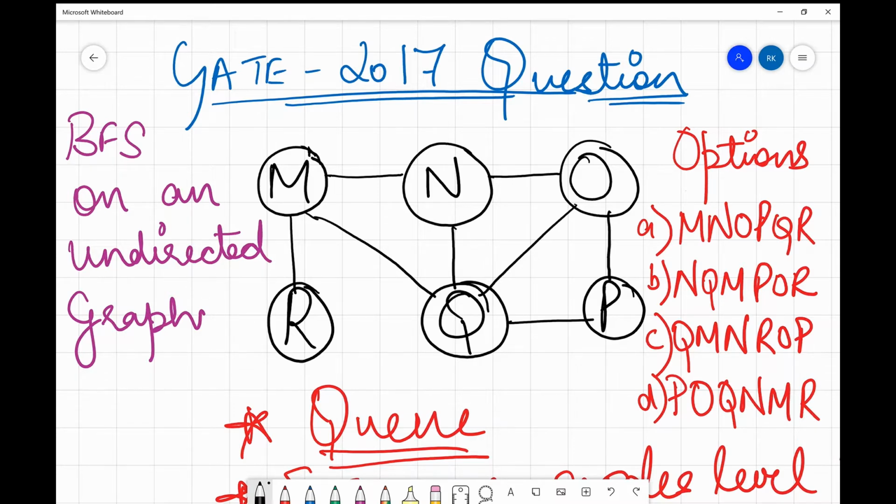I start with my first starting node as M.